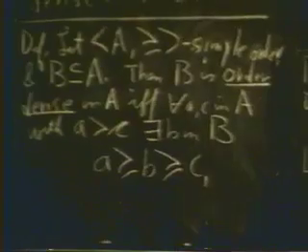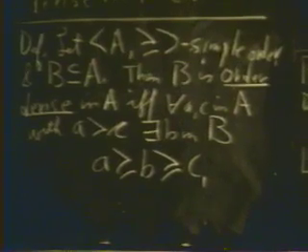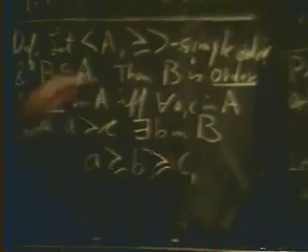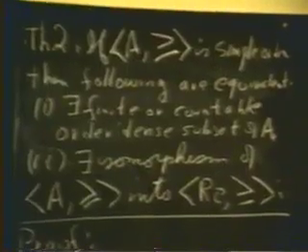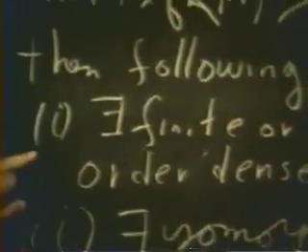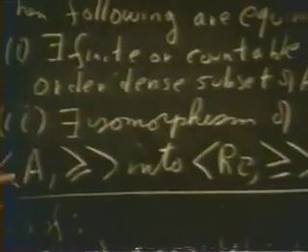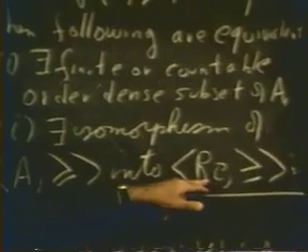And we use now that condition of order density and the condition of countability to state the appropriate representation theorem for the general case. And that is theorem 2 of chapter 2. If we have a simple order, then the following are equivalent. Condition 1: there is a finite or countable order-dense subset of A. Or condition 2: there exists an isomorphism from the simple order into the real numbers under the natural numerical ordering.